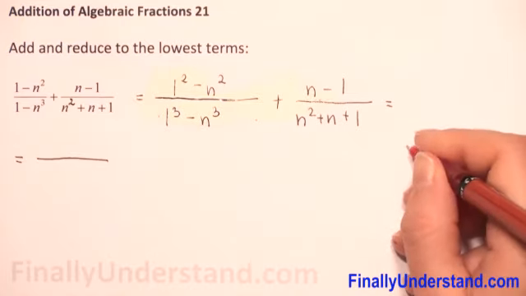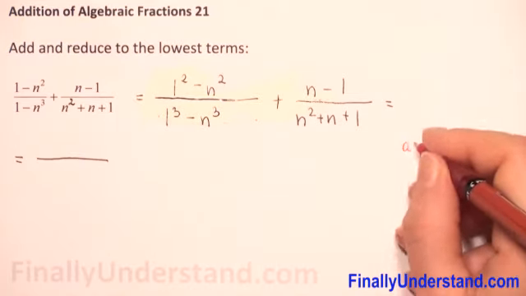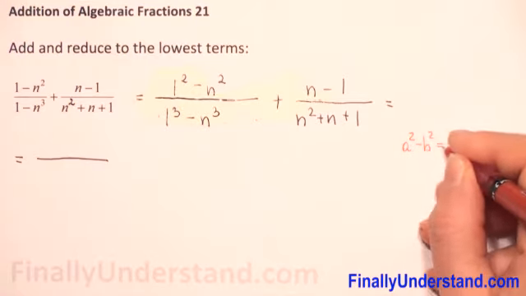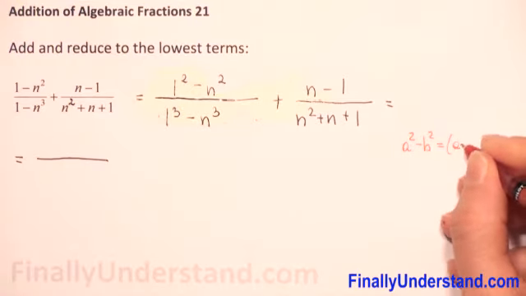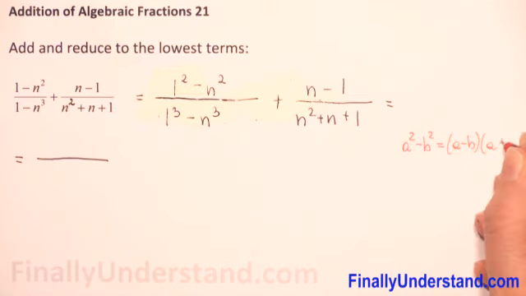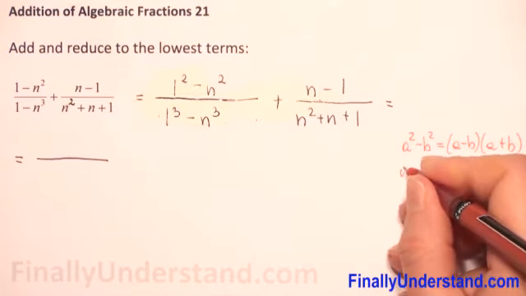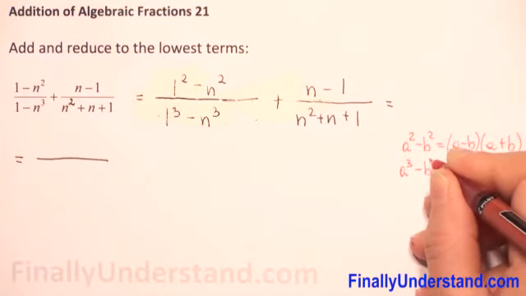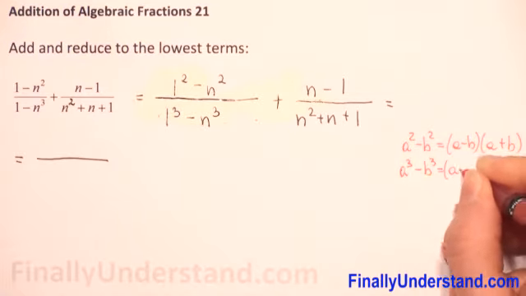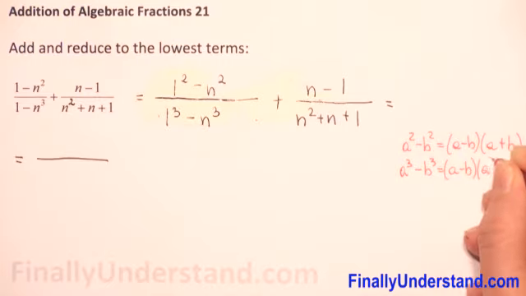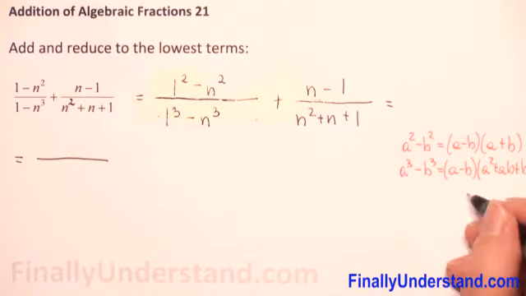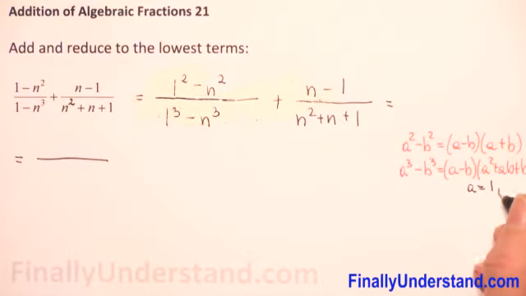Let me remind you this formula. a squared minus b squared is equal to a minus b times a plus b, and the difference of 2 perfect cubes, a cubed minus b cubed, is equal to a minus b times a squared plus ab plus b squared. So now you will use this formula. In our example, a is equal to 1, b is equal to n.